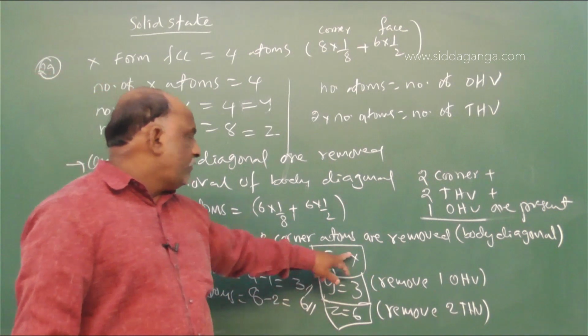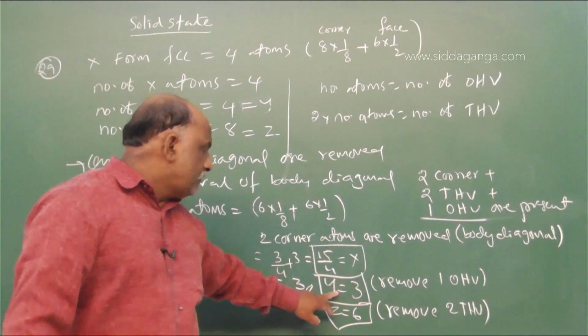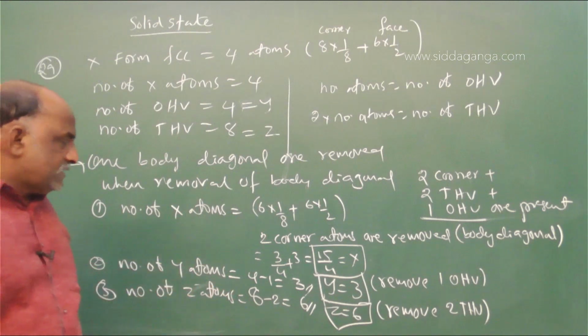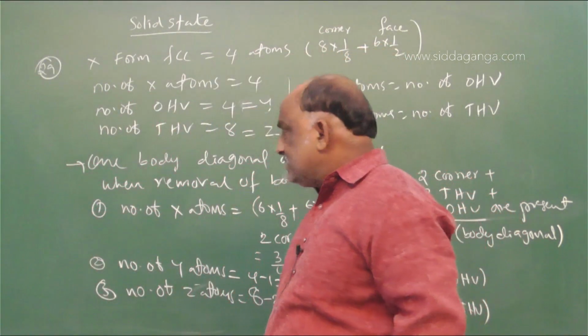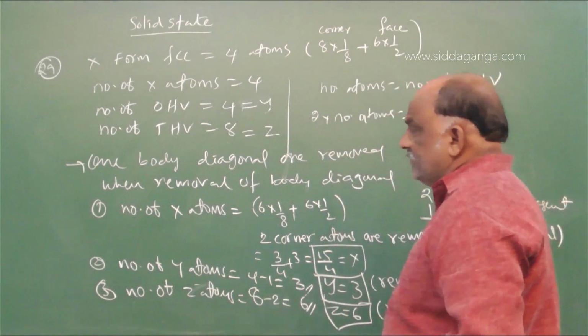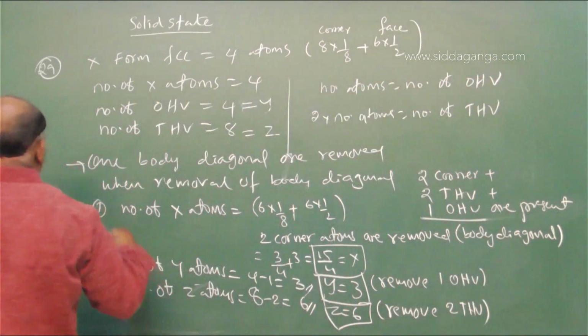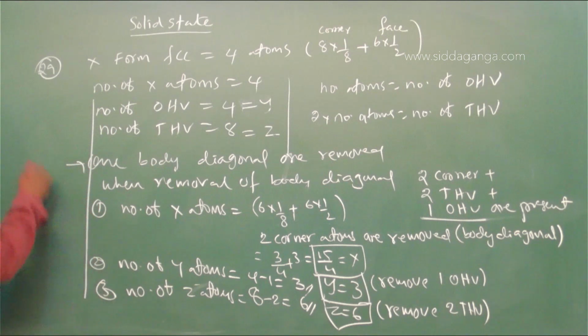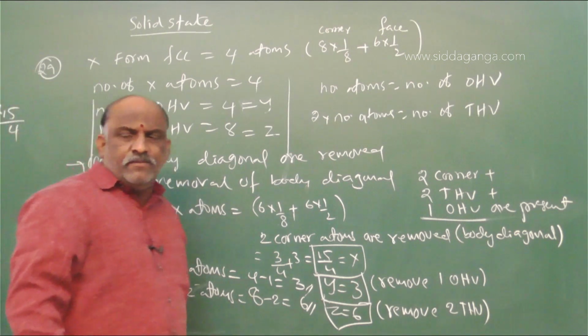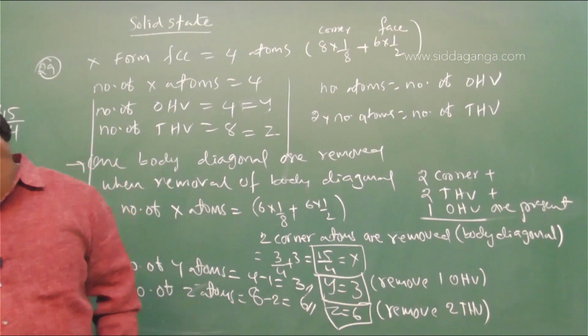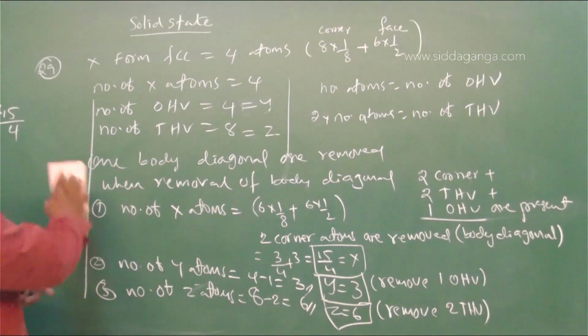So X is equal to 15 by 4, Y is equal to 3, Z is equal to 6. I should write that remaining part here. Is it visible? I think it is not visible. Just a minute.